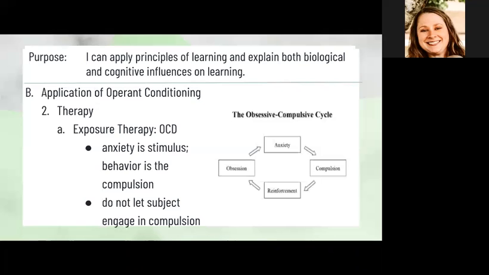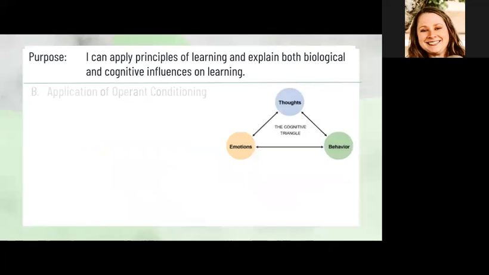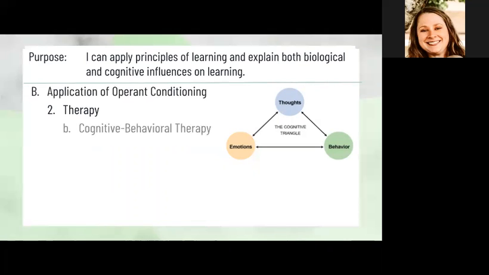What I have you doing in your FAST assignment is thinking of something that you were so worried about that you avoid it, but then when you actually do it, you find out it's totally fine. I want you to think of something like that and explain how operant conditioning is going to reinforce those thoughts. The other one here is looking at cognitive behavioral therapy.